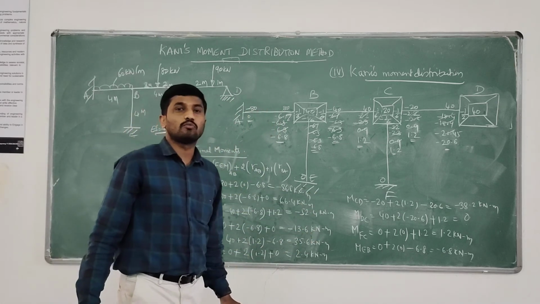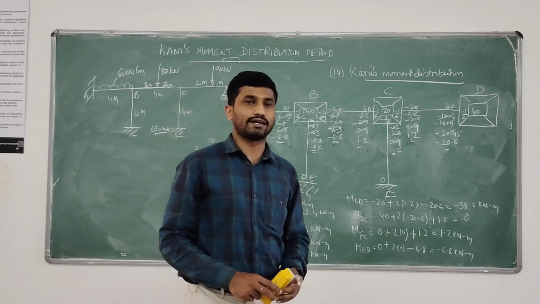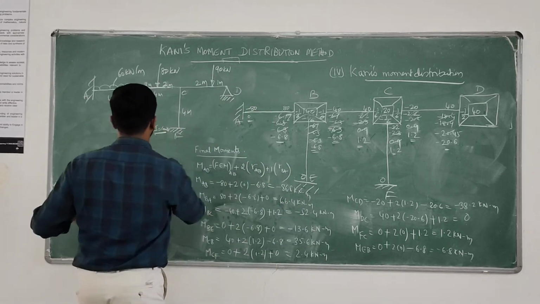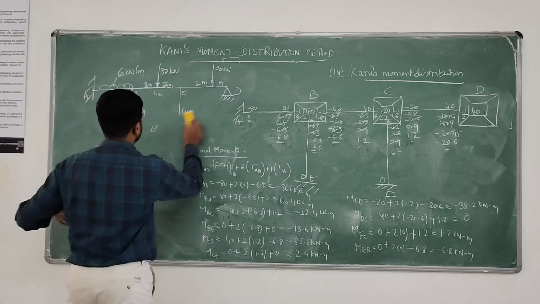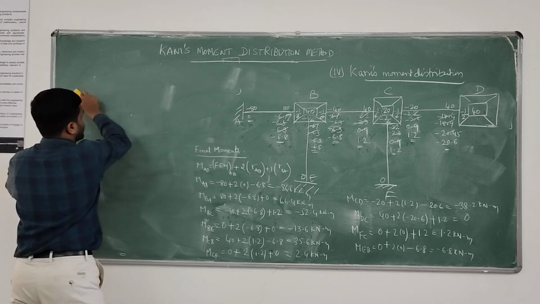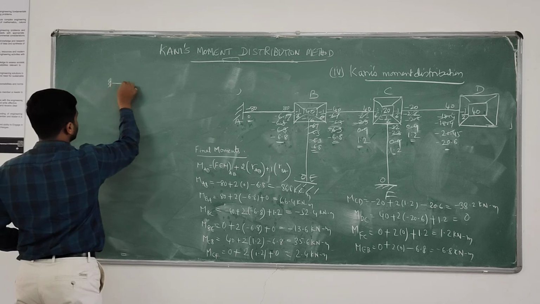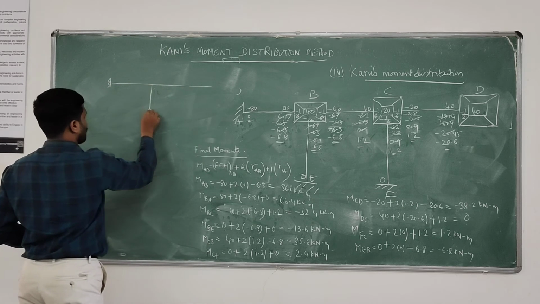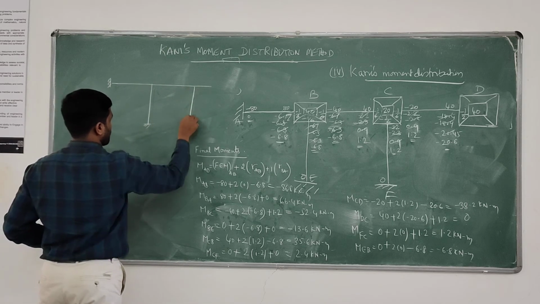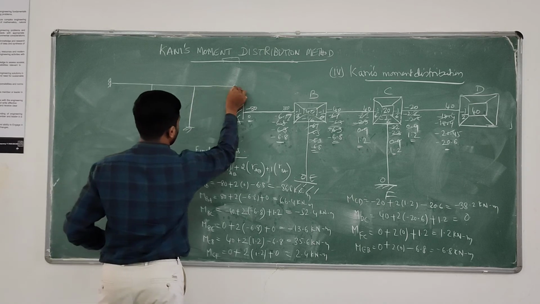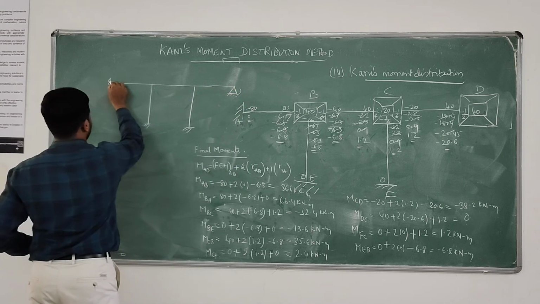The last step is plotting the bending moment diagram. It's very easy to plot bending moment diagram for this type of structures. So the thing is, here we are having UDL.